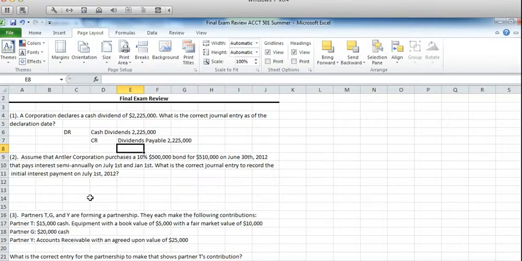And remember, again, when you're looking at bonds, it doesn't matter what we paid for them. It matters what the face value of the bonds is when determining the interest that you're going to receive. So we look at the $500,000. We see that it's a 10% bond. So that means 10%, or $50,000, will be payable in interest every year.